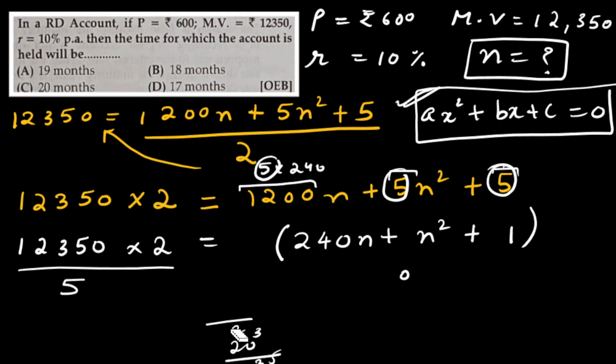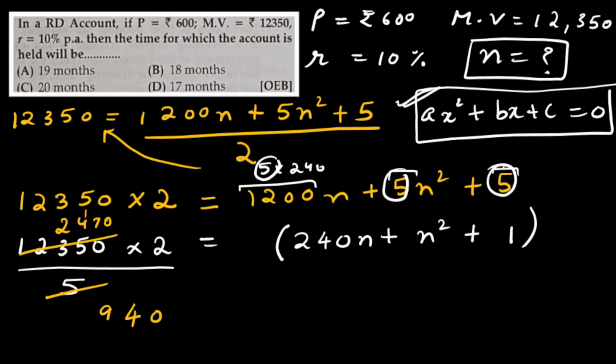So 5 into 1, 5 into 2470. Now we can multiply it with 2. So 2 into 0 is 0, 2 into 7, 14, 2 into 4, 8 plus 1, 9, 2 into 2, 4. Just check the calculations because sometimes in the flow I may go wrong. If any calculation mistake is there, you can just let me know. So 4940 is equal to 240n plus n square plus 1.